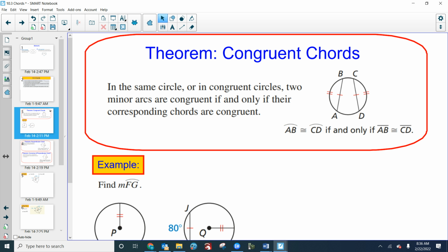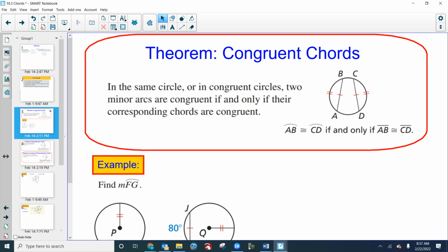Now, notice the difference. We talked about this last week. When I say chords are congruent, we're talking about segments. Or if we're talking about arcs being congruent, okay, congruent arcs, same measure. So this arc AB is a length.